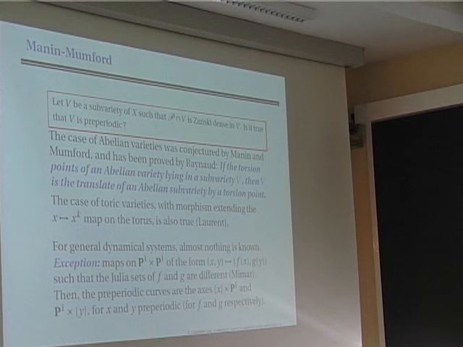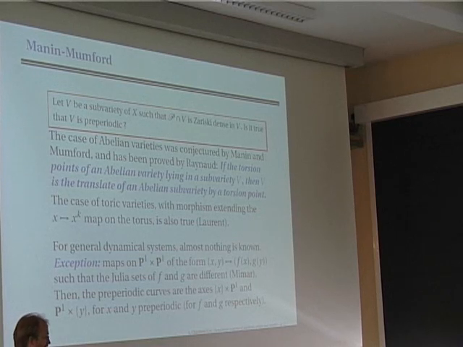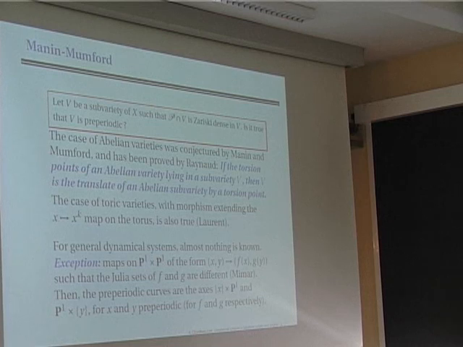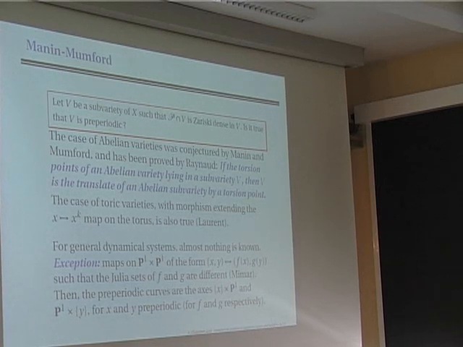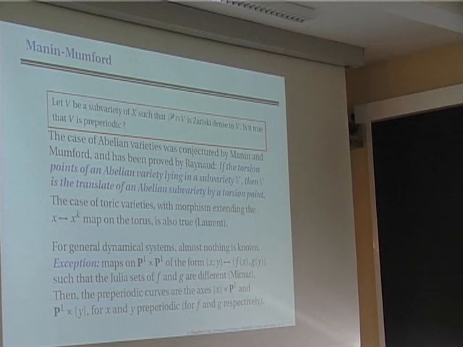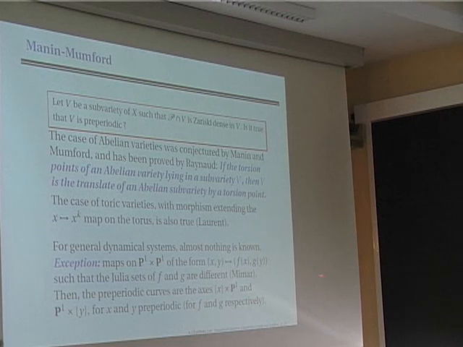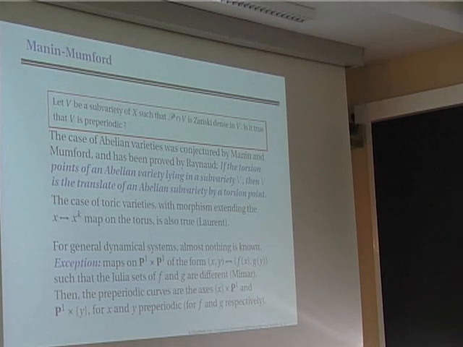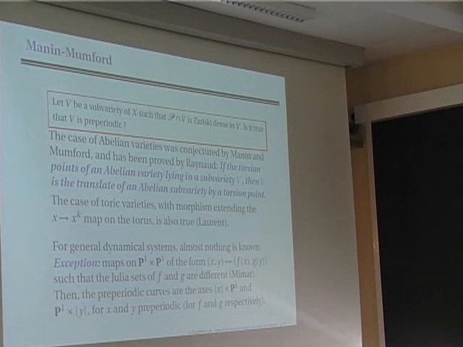So in that case, he can really determine all the stable subvarieties and prove the conjecture. And in fact, the preperiodic curves are only the trivial ones, {x} times P1 and P1 times {y}.